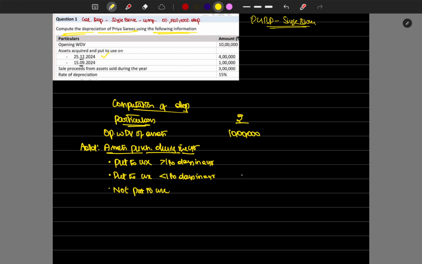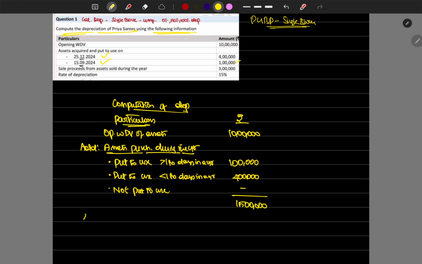Then the less than 180 days assets is 4 lakh rupees. Then there is an asset which is acquired and put to use before 3rd of October 2024, so this amount is more than 180 days used, which is 1 lakh rupees. Not put in use, no assets. Total it is 15 lakhs.